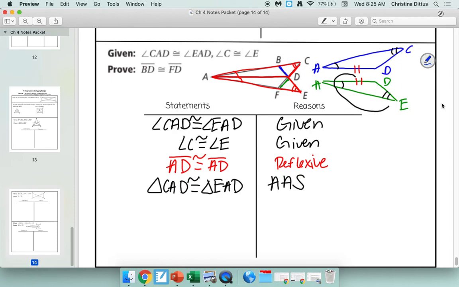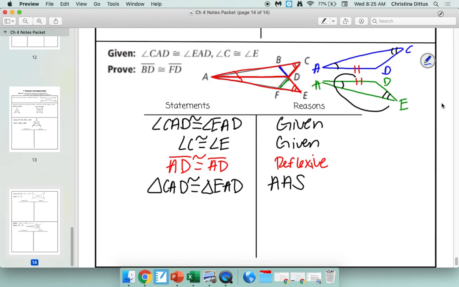I can't say right away that BD and FD are congruent because they're not a side of these triangles that we have marked. We're gonna make another triangle. Why didn't we just do that to start with? Because we were given different stuff.